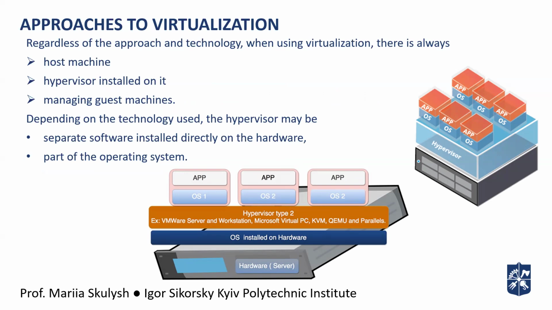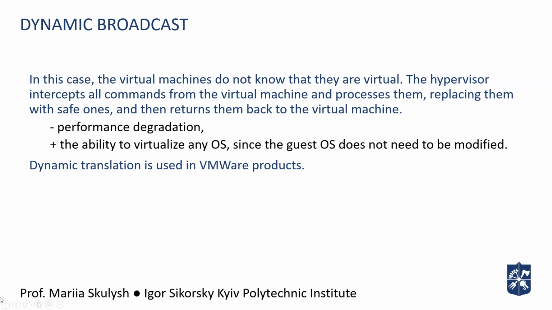But why do I tell you about this? Because we lose performance. For example, when computing 1+1 in a virtual machine, it should be re-understood and reprocessed by the hypervisor, by the host operational system, and then by the hardware.